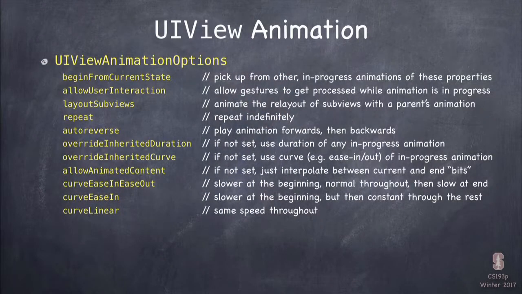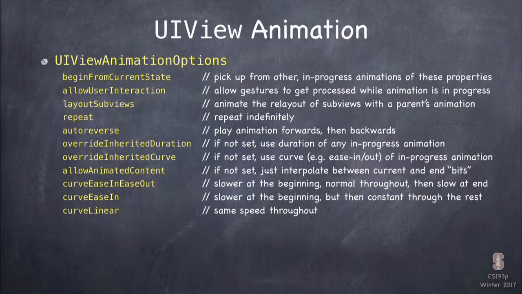All right? Here's some of the options we can do when we animate. I talked about the curve linear, which is at the very bottom. Right above it, you see curve ease in, ease out, and curve ease in. These basically make it so that instead of just linearly going from the start value to the end value of that var change, it starts off slowly, then goes up to normal speed, and then slows down at the end.